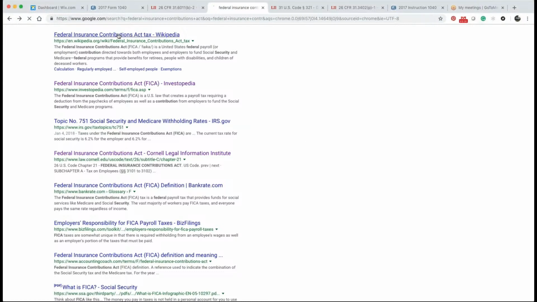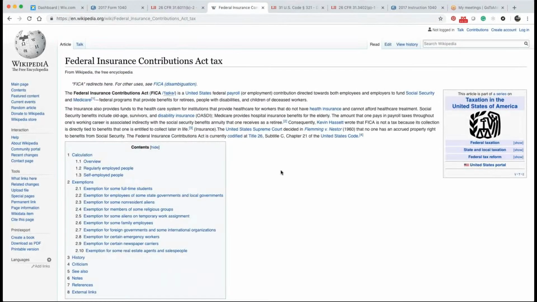All right, let's look at what Wikipedia says about the Federal Insurance Contributions Act. It says the Federal Insurance Contributions Act is a United States federal payroll or employment contribution directed towards both employees and employers to fund Social Security and Medicare, federal programs that provide benefits for retirees, people with disabilities, and children of deceased workers.